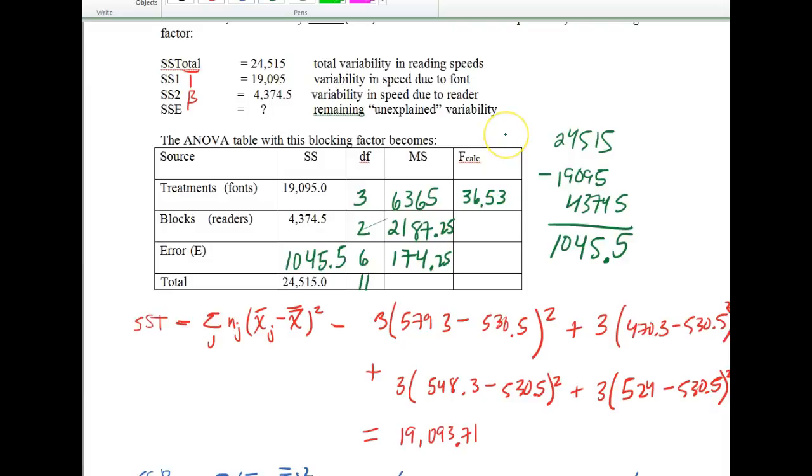Okay, and then the next is going to be our 2187.25 divided by our 174.25, and that is going to get us 12.55. So these are our FCalcs. So we now have an FCalc for the treatment and an FCalc for the block.